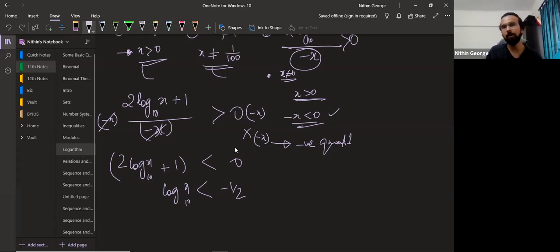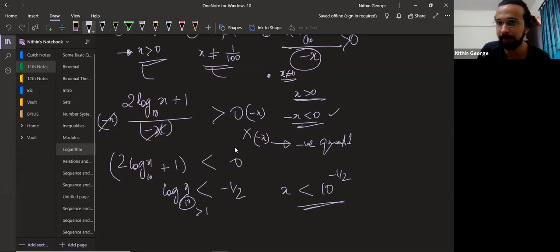So here, log x base 10 is less than minus 1 by 2. What can you say about x now? x is less than 10 power minus 1 by 2, which is less than 1 since 10 is greater than 1. As simple as that.